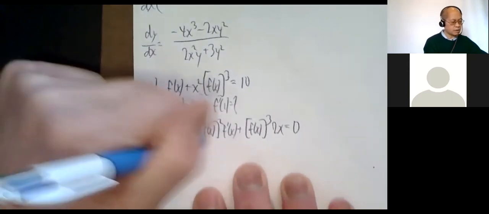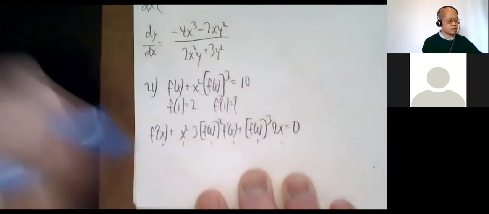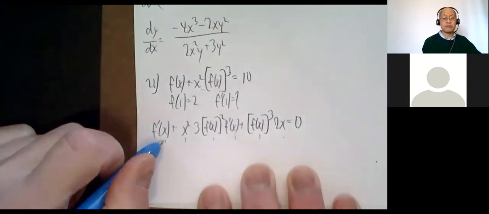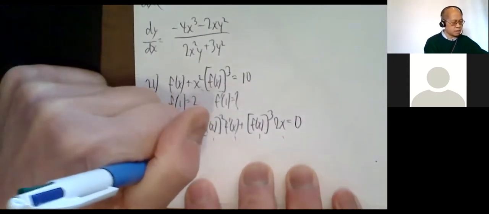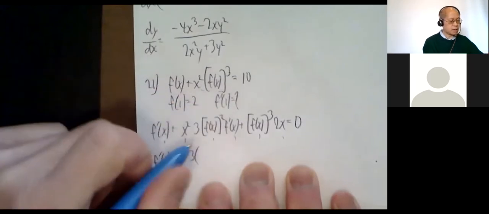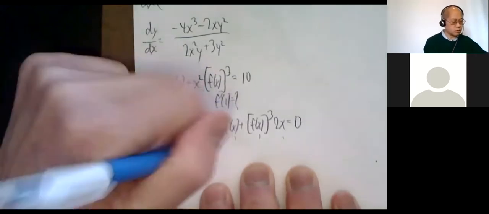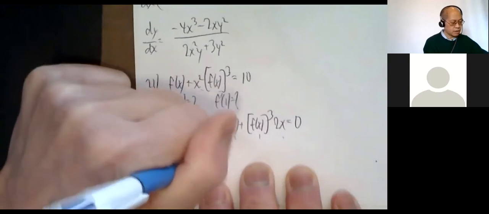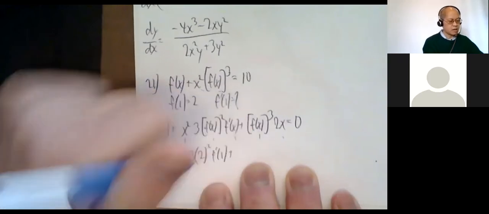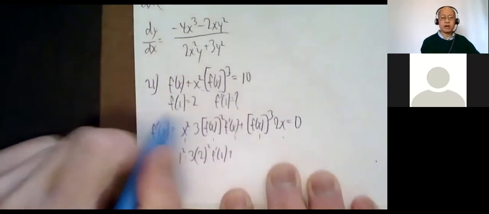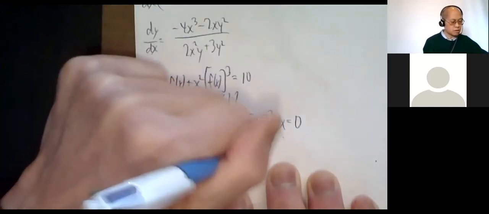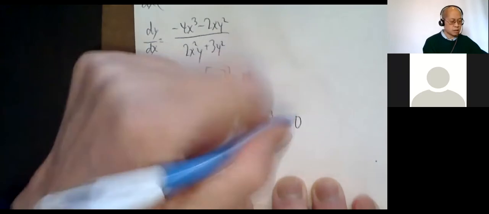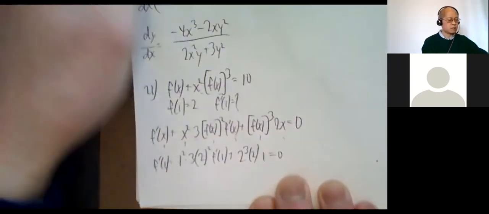Put a 1 there and a 1 there and a 1 there and a 1 there and a 1 there and a 1 there. So I have f prime of 1 equals 1 squared times 3 times f of 1, which is 2 squared, f prime of 1, plus f of 1 cubed, it's 2 cubed, times 2 times 1 equals 0.